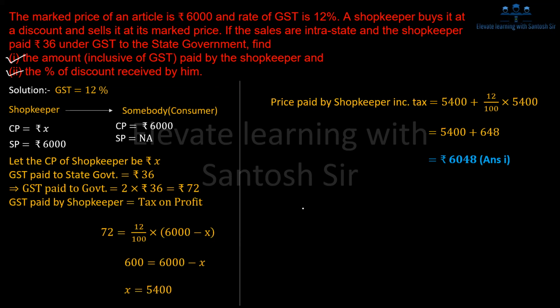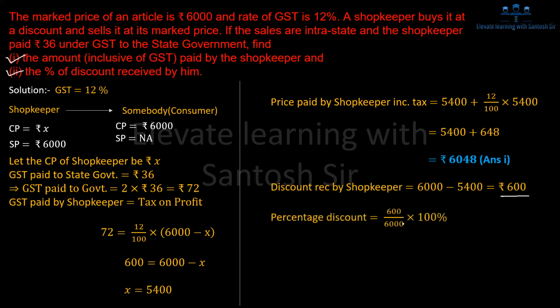As he has received a discount of rupees 600, and discount percent is given by discount upon CP into 100. So if we simplify this, we will get the percentage discount as 10%.